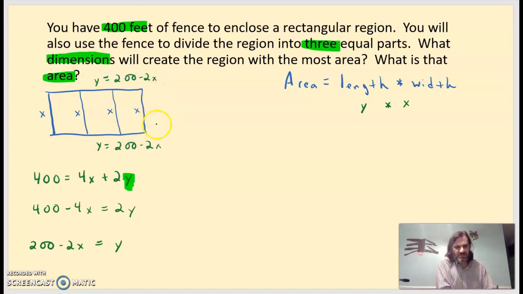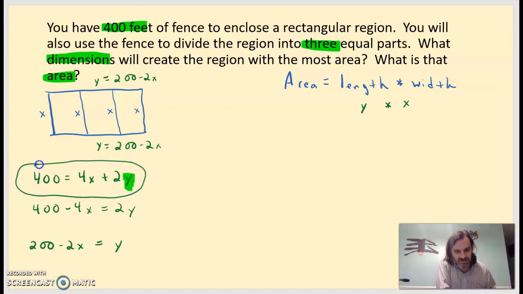And what we did was we created a relationship between x and y based off of the fact that we had 400 feet of fence. So if we make y longer, that definitely makes x shorter. Or if we make y shorter, that makes x longer. So they interact with each other based off of that total amount of fence and how we set up the regions.